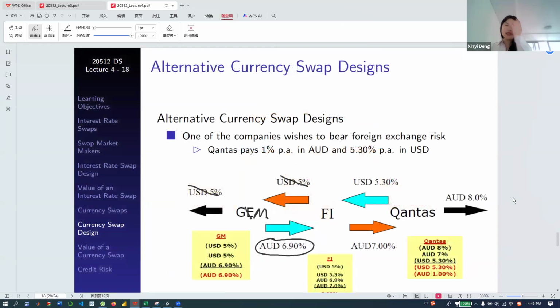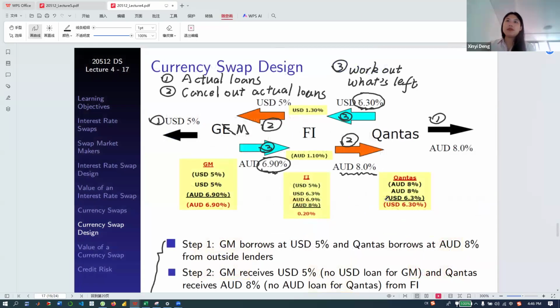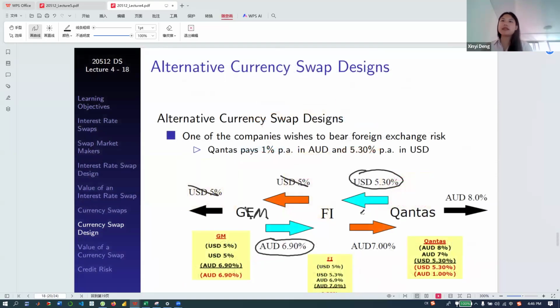But now for Qantas, it's paying this USD of 5.3%. So it's 1% lower than the previous example. It's still the same here, but actually it's receiving a lower percentage here. So instead of receiving 8% in AUD, it's now receiving 7% in AUD.